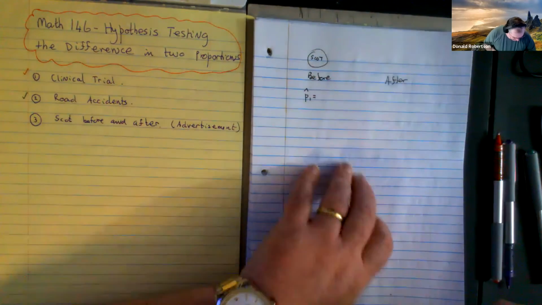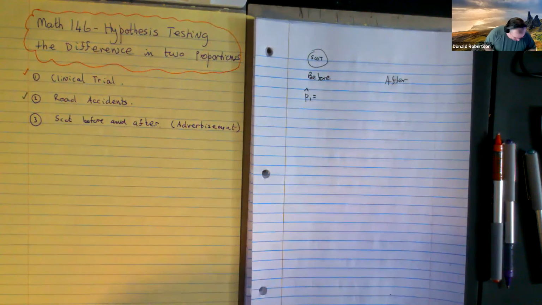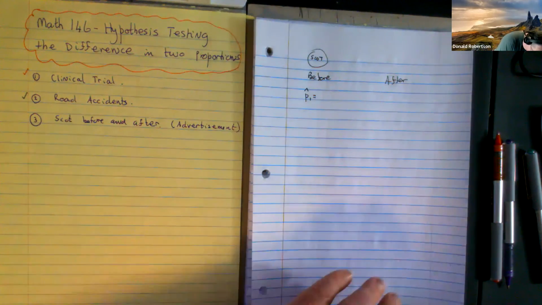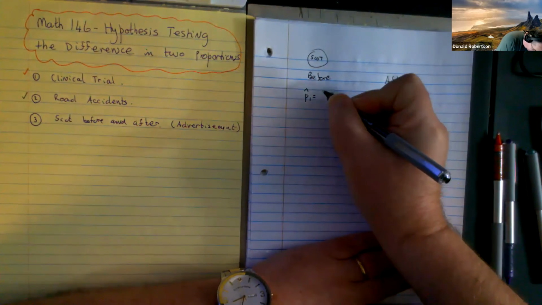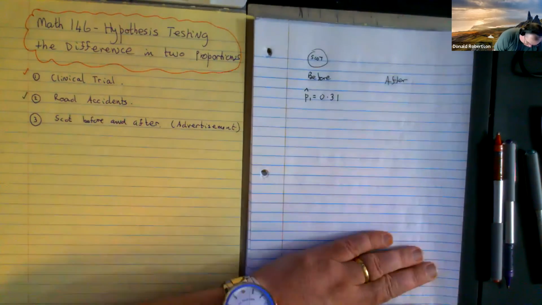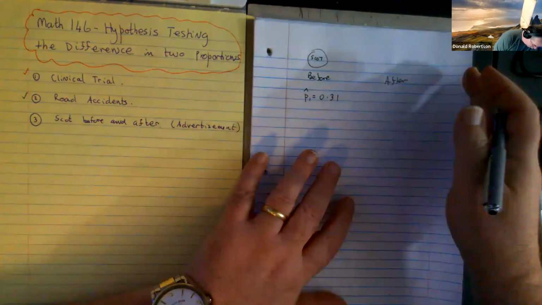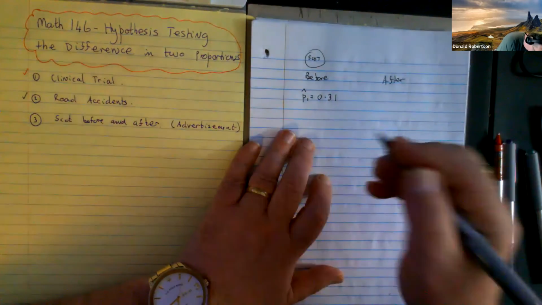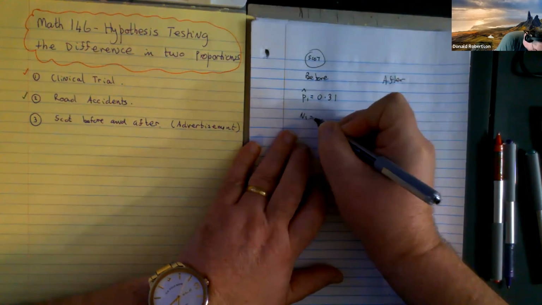An advertising company wants to find out if their advertising campaign had any significant effect. Did it increase the percentage of the population who buy their brand of whiskey, or did it decrease it? Before the advertising campaign started, 31% of people would buy their product once a month, on a sample of 200 people.